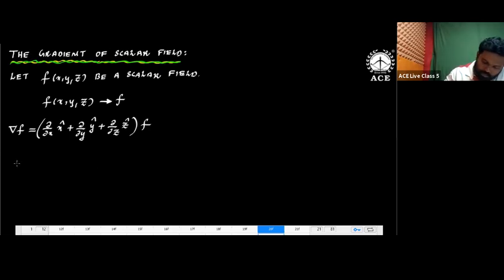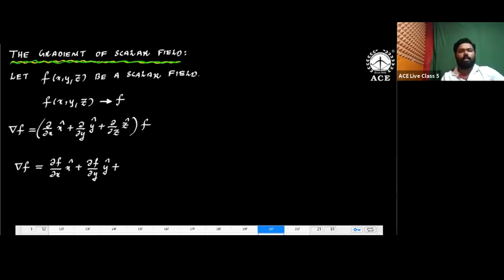So what is it? Gradient of f is equal to dou f by dou x cap plus dou f by dou y cap plus dou f by dou z cap.